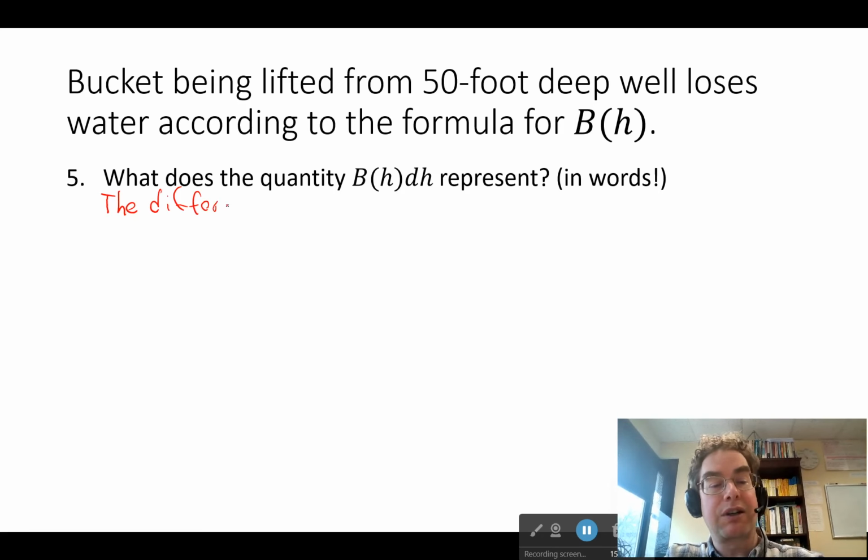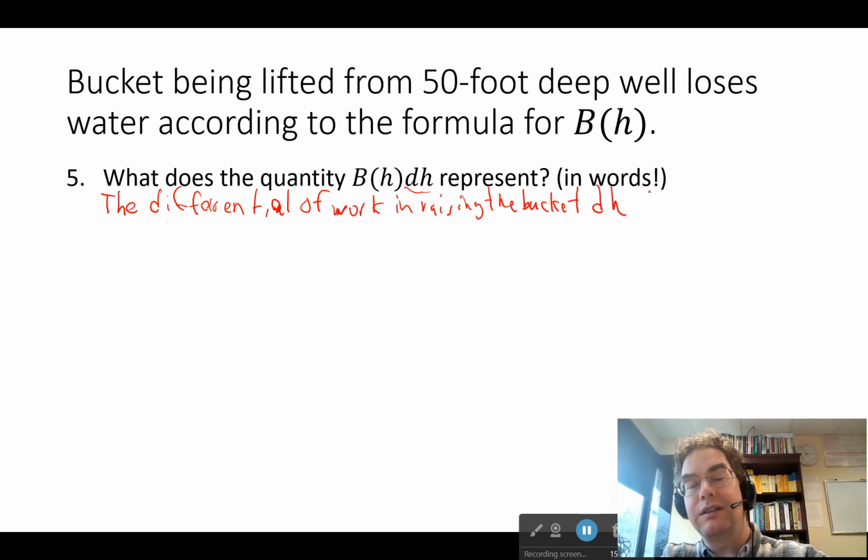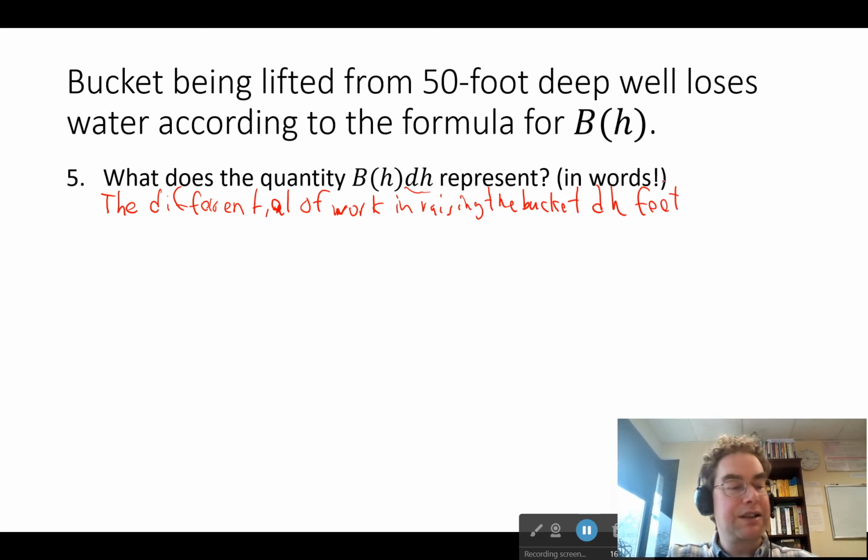How much is the extra work that is going to be done in raising that bucket an additional dH feet? Okay, so dH additional feet when it is already at height H.